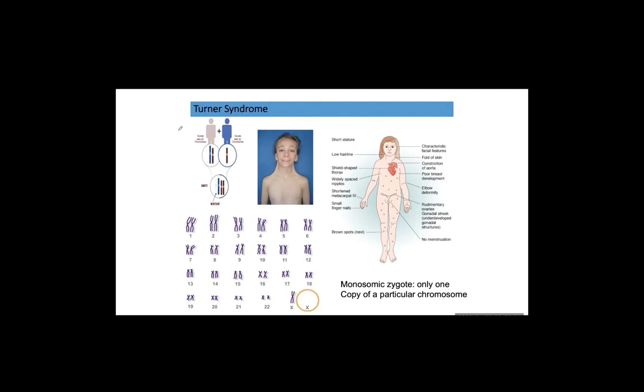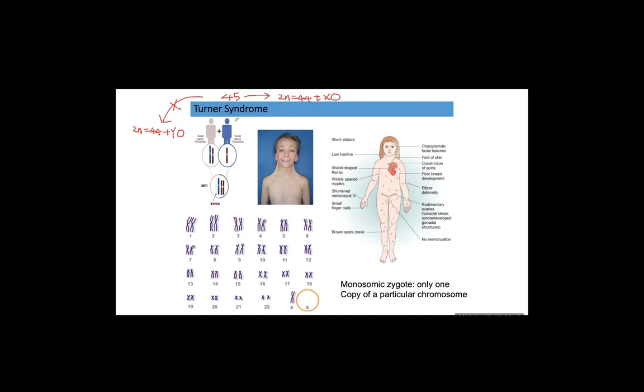In other words, if someone has 44 plus this one, it cannot survive. But Turner syndrome is 2n equals 44 plus X. So it still has 45 chromosomes, right? Both cases have 45 chromosomes, but in this case it's not survivable.